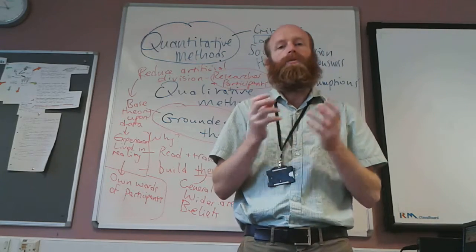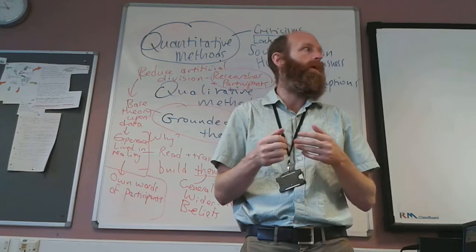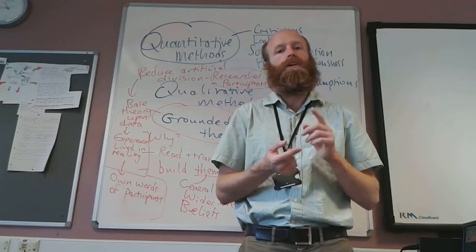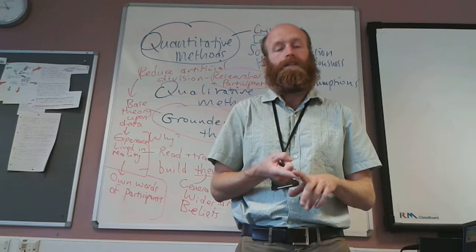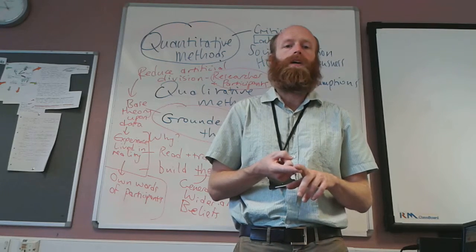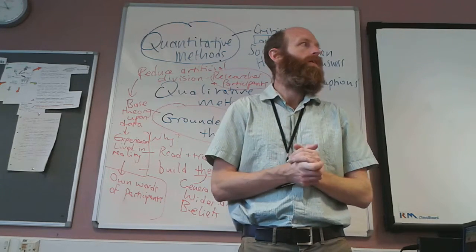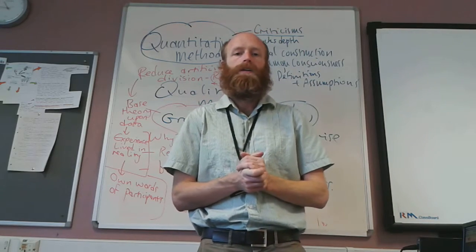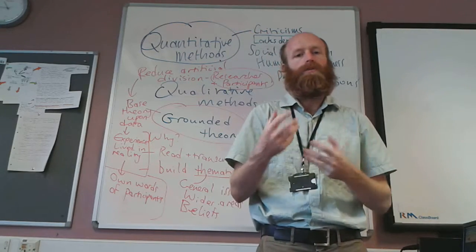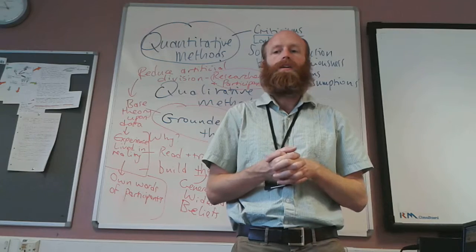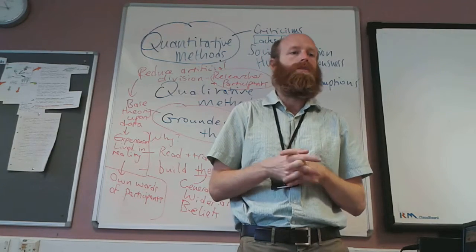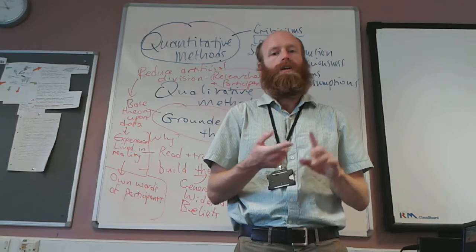So looking at quantitative methods, we can talk about the fact that quantitative methods offer numerical data, numbers and figures. We can talk about the fact that quantitative numerical statistical data is seen as having strengths in terms of practical advantages.